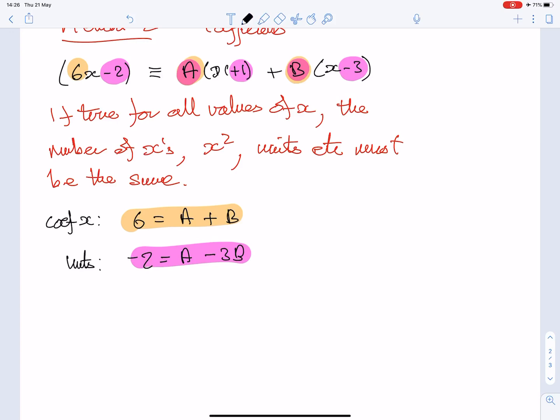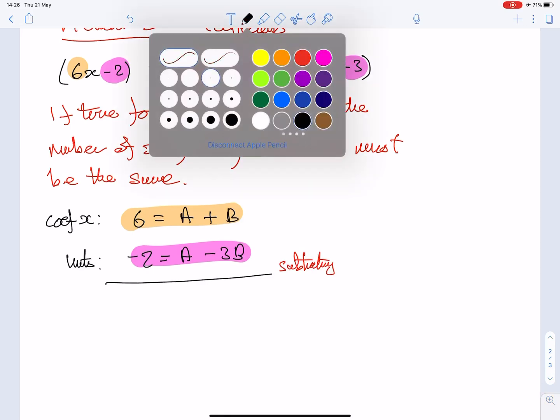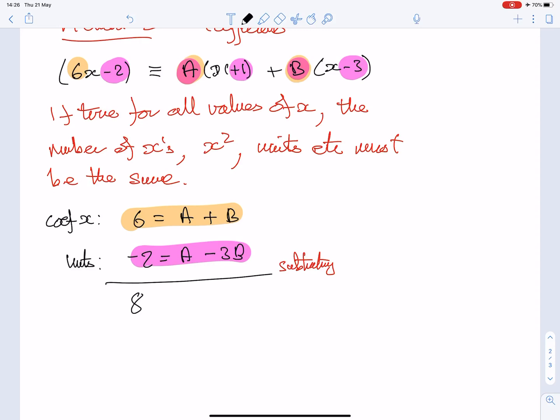Simultaneous equations, we've got the same number of A's, so we could just subtract these quickly. Subtracting. So we're going to get 6 take away -2 is 8. The A's vanish, or A minus A is 0A.